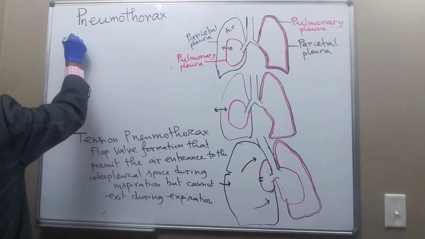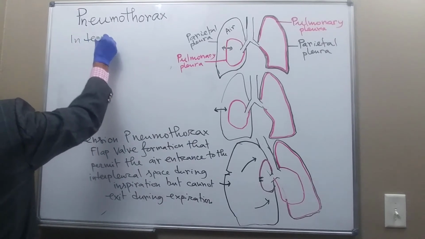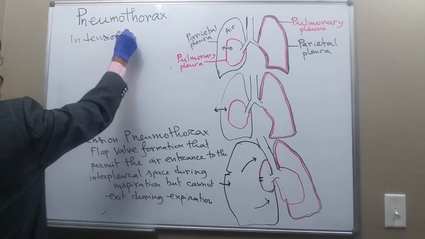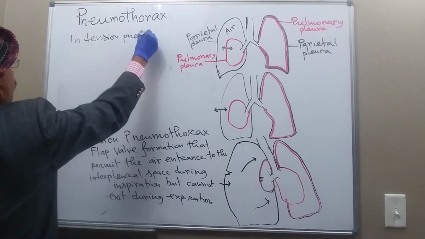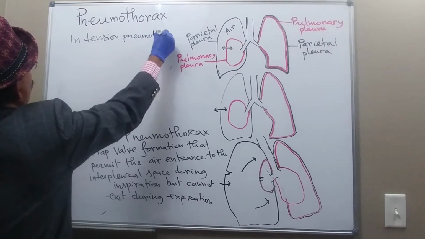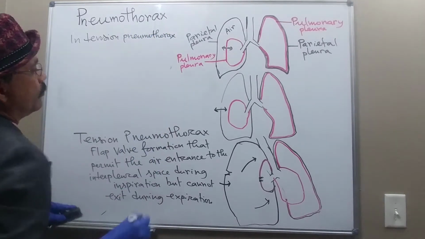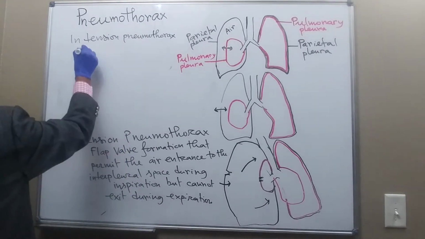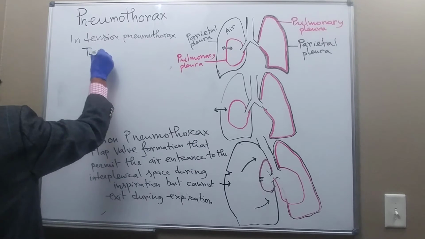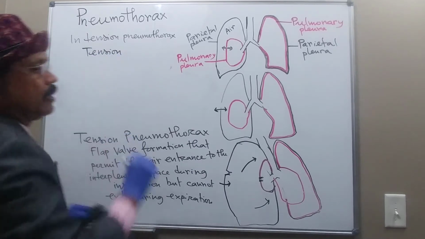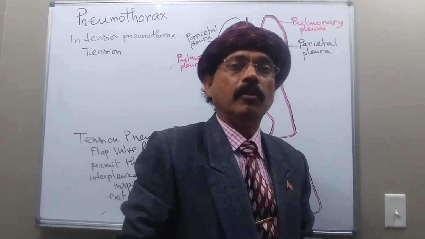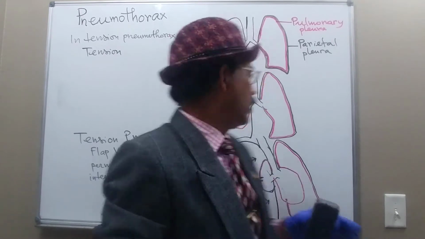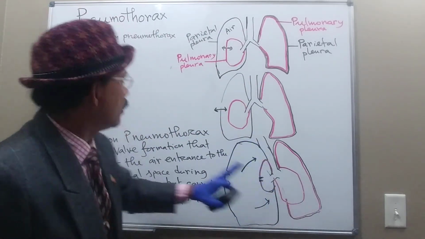What happens in tension pneumothorax? There is tension because air is getting in and unable to get out, entrapment of air.